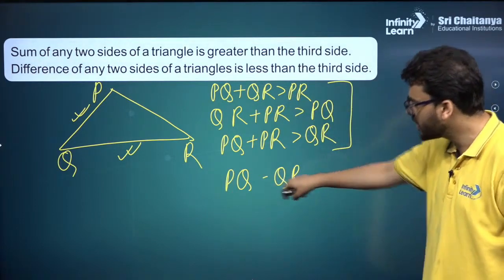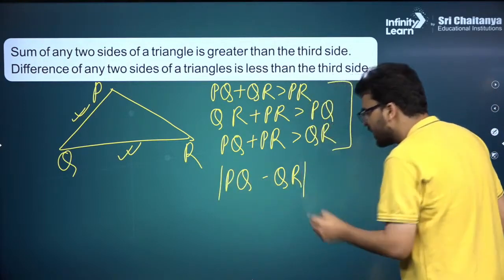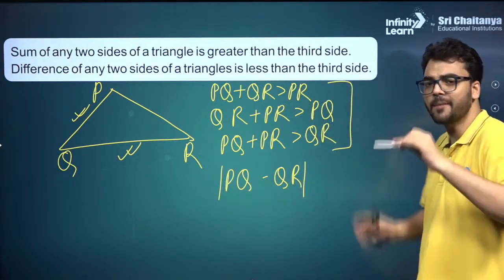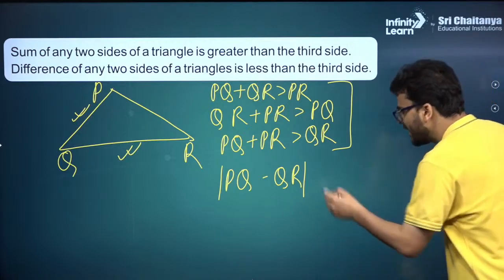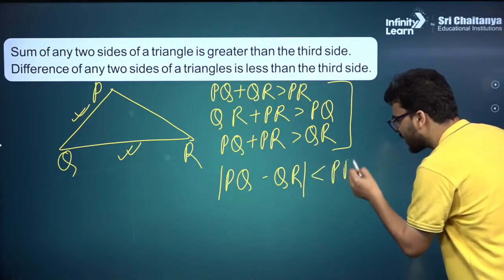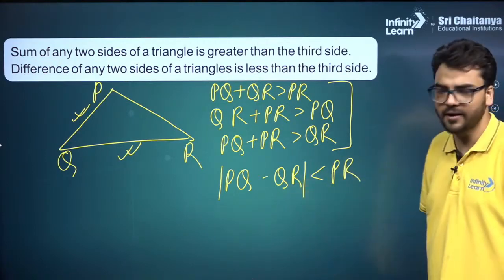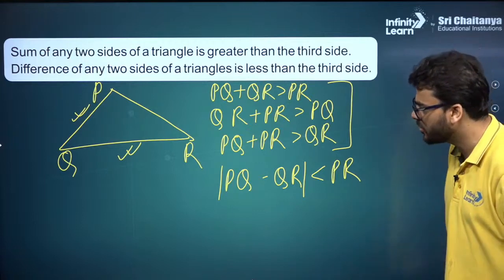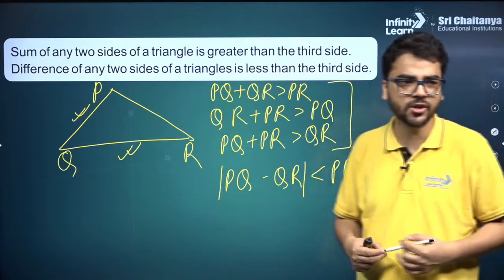So you take this difference in modulus. So |PQ minus QR|, that is the absolute difference between the lengths of two sides of a triangle, is less than the third side. Correct? |PQ minus QR| is less than PR. I hope it is clear to every student in this session.